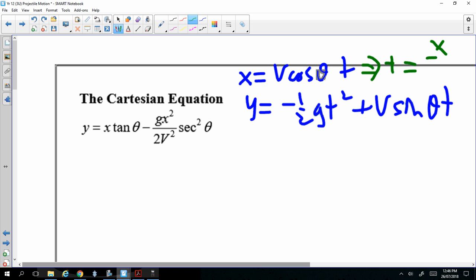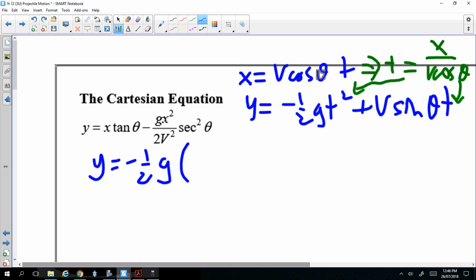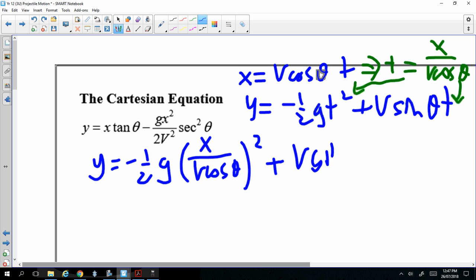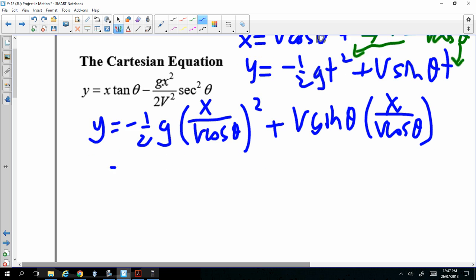And then you simplify this, which equals negative g x squared over 2 v squared cos squared theta, plus, the v gets cancelled, you end up getting x tan theta. Now we've got it, because 1 over cos squared is sec squared.